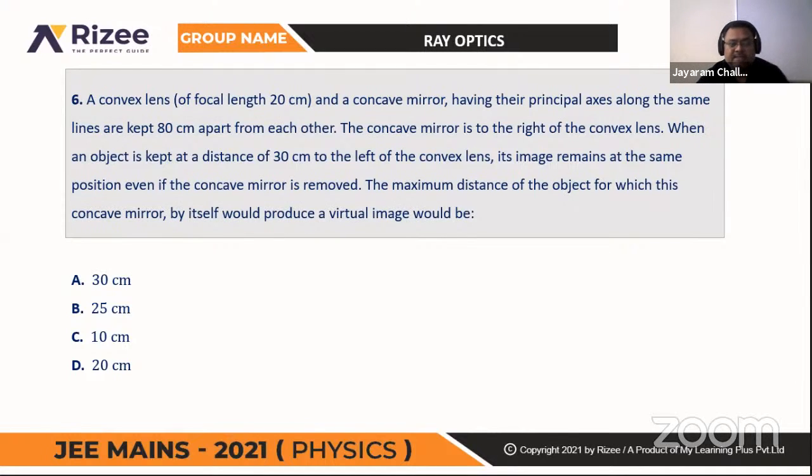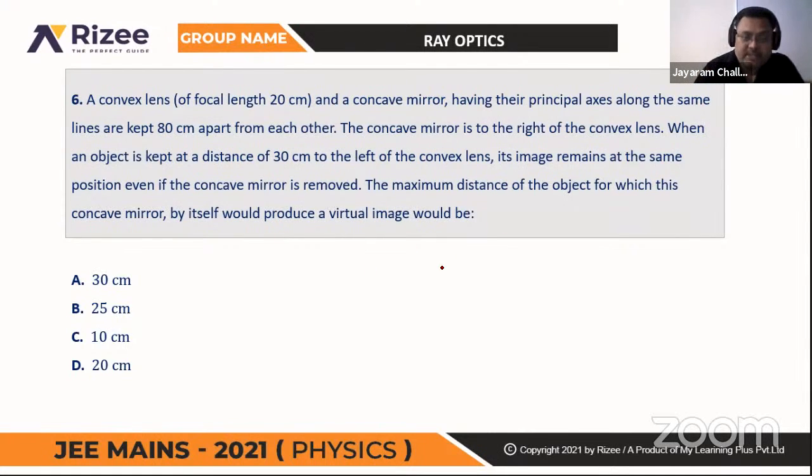When an object is kept at a distance of 30 centimeters to the left of the convex lens, its image remains at the same position even if the concave mirror is removed. The maximum distance of the object for which this concave mirror by itself would produce a virtual image. So it has to produce a virtual image over there.